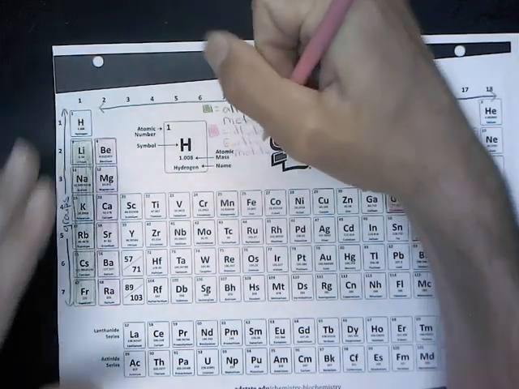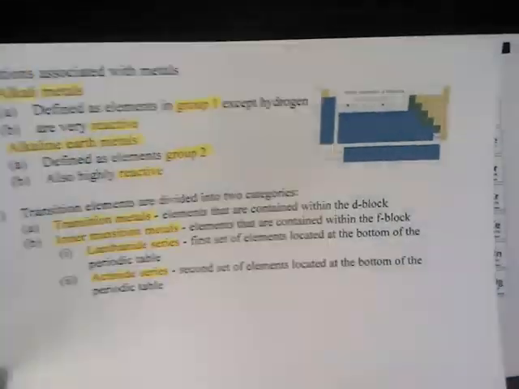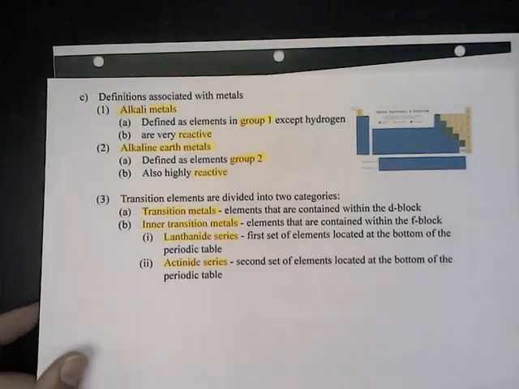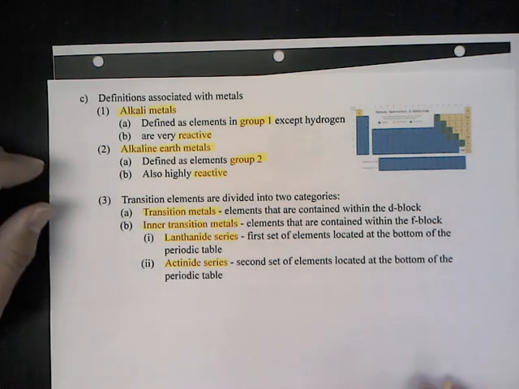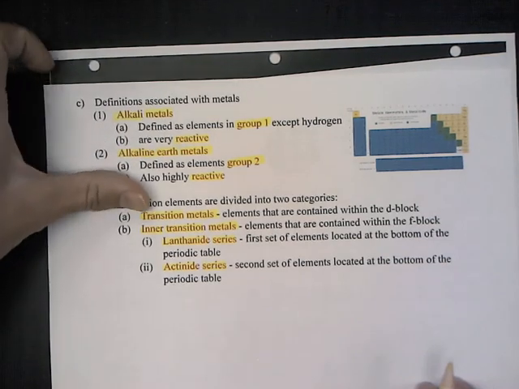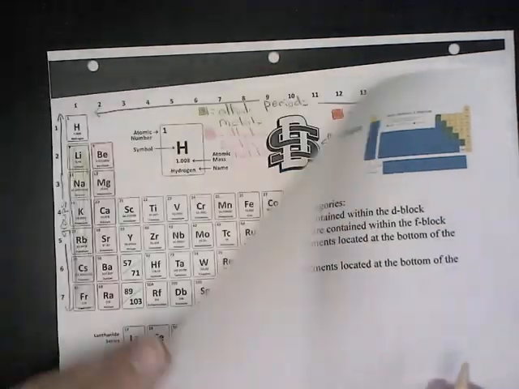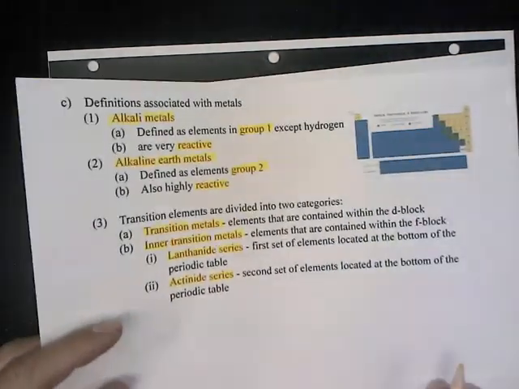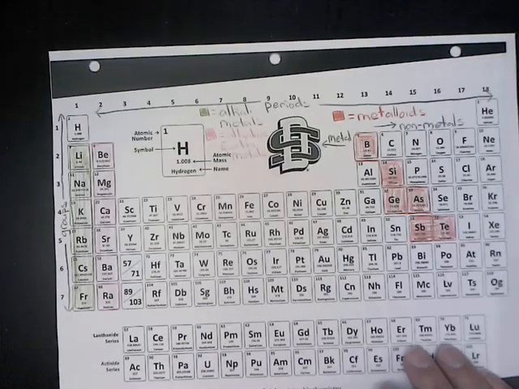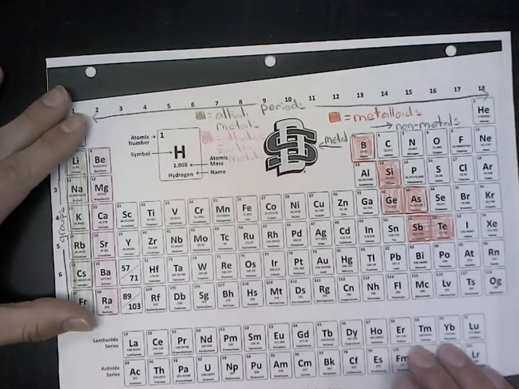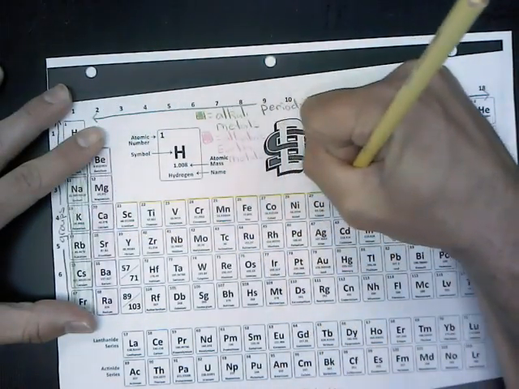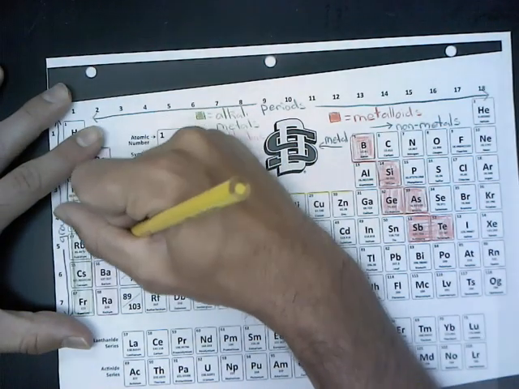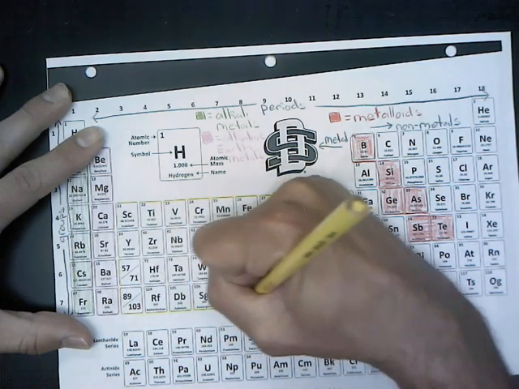All right, so now moving on here, we have 2 important categories. Category number 1, which I'm going to highlight here in yellow, are these transition elements, which are the elements in that D block set of electrons. So in yellow, I'm going to identify the transition metals.